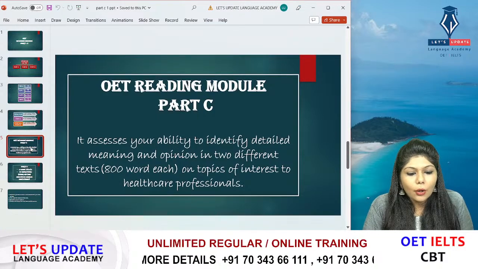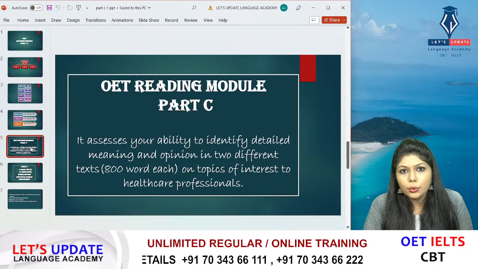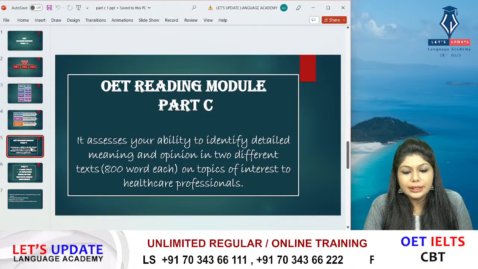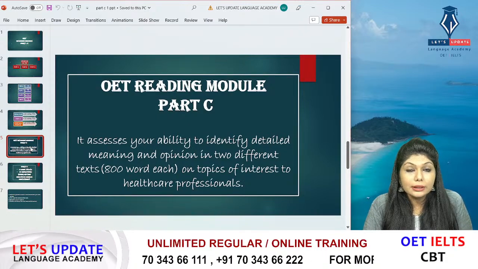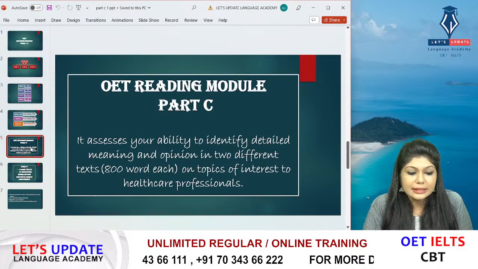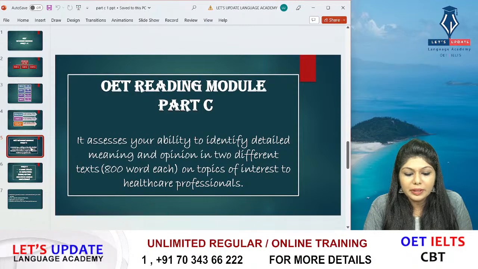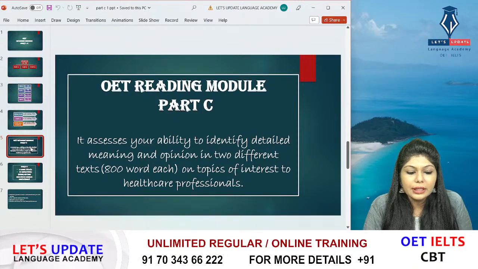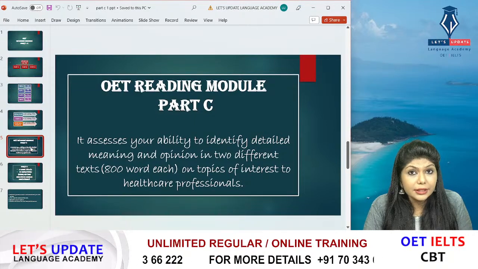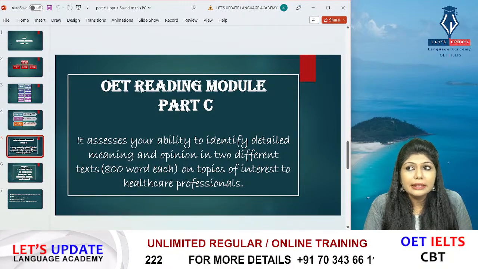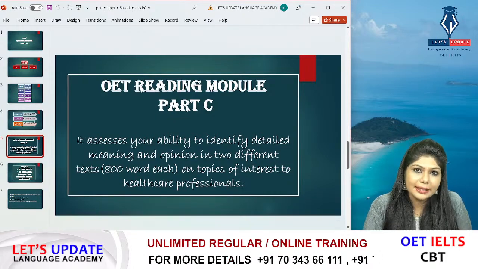So today we are going to have a discussion of the OET reading module part C. Basically, this part assesses your ability to identify the detailed meaning and opinion in two different texts, each having around 800 words, and these texts will be based on topics of interest to healthcare professionals.